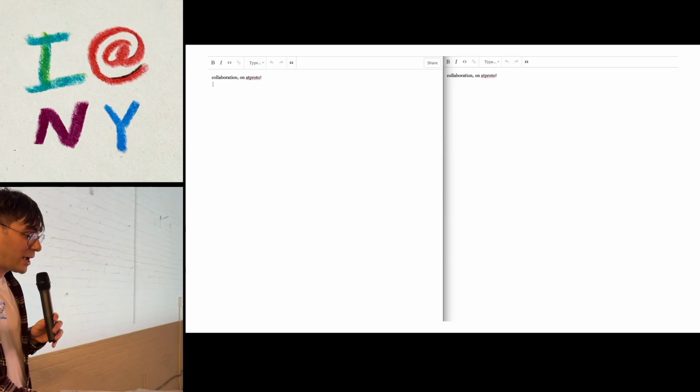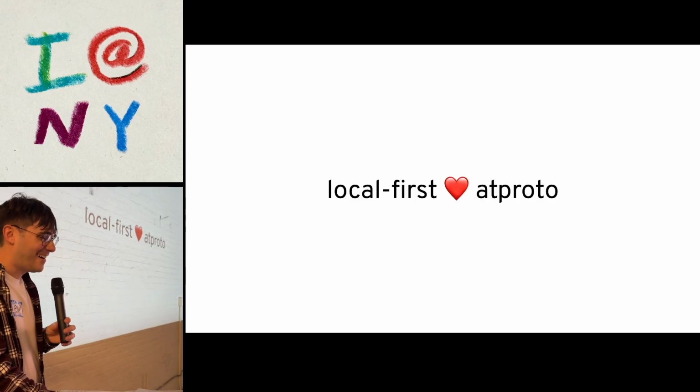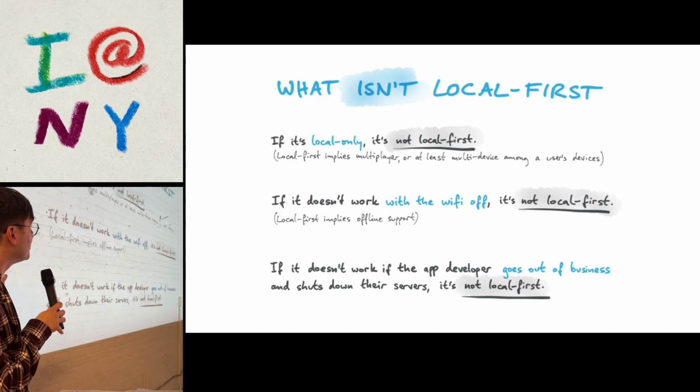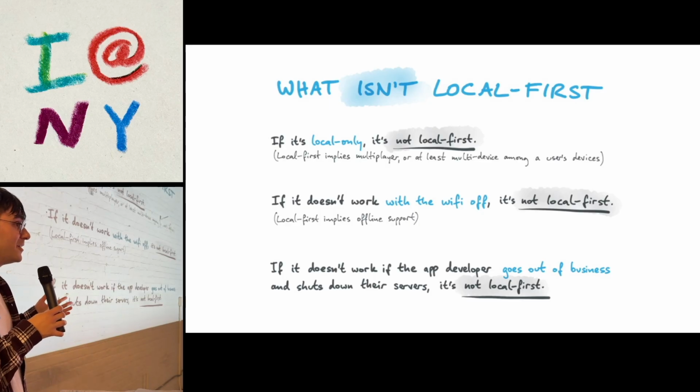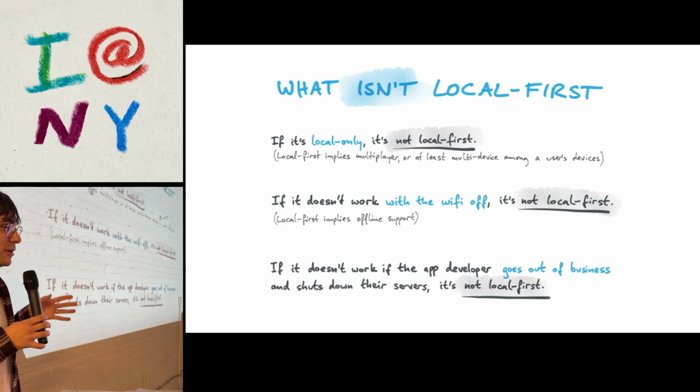So that kind of brings me to what I actually want to talk about, which is local first software. Definitions abound about what isn't local or what is local first. But if you're not familiar, it's this movement where the data that is on your local computer is the most important.